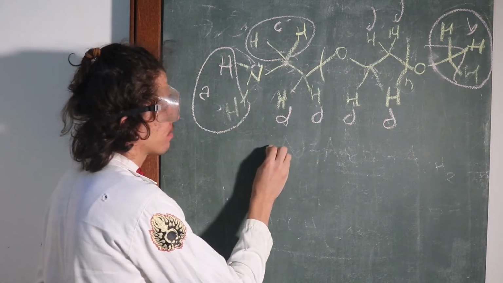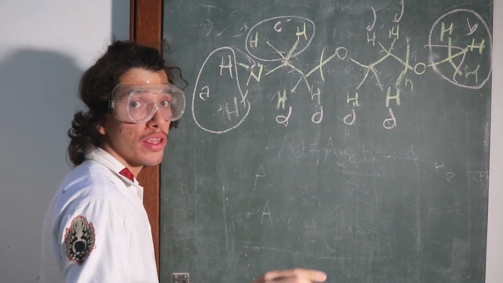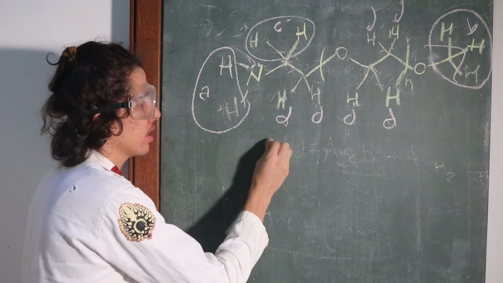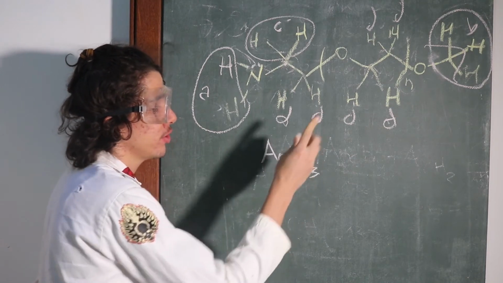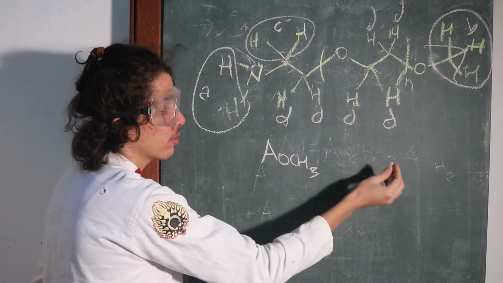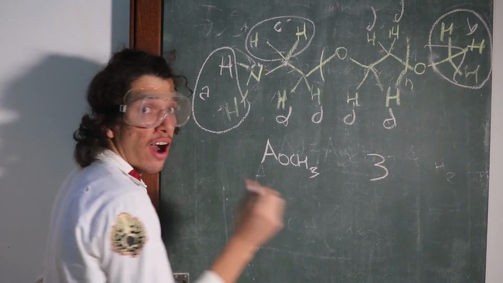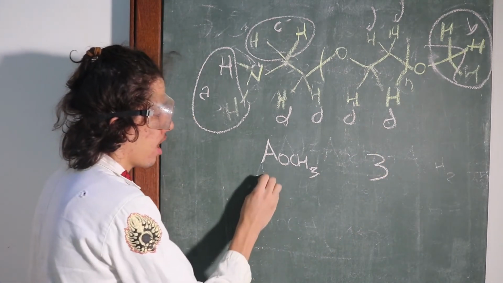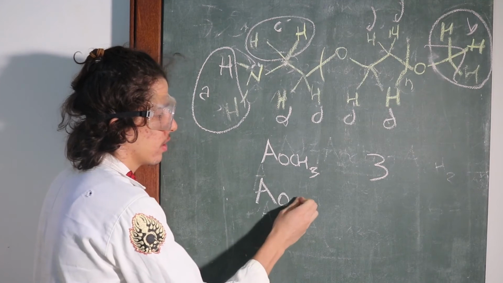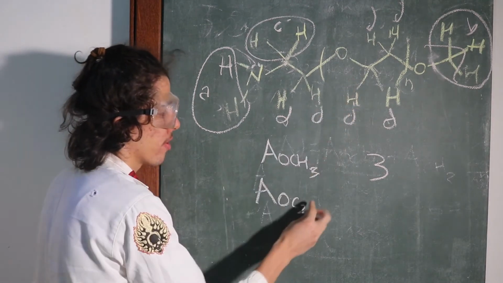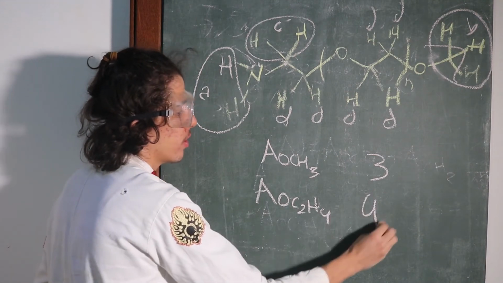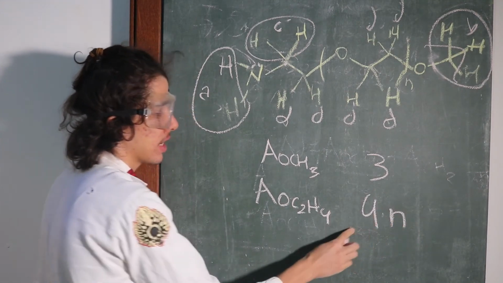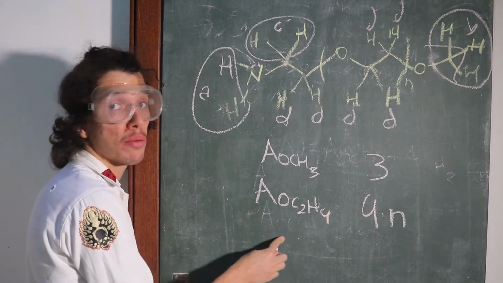So we can simply use proportion here, because if we have the area of CH3 of the methyl end group and it corresponds to 3 hydrogens, then our area of the monomer is equal to 4 times n, because there are 4 hydrogens per monomer.